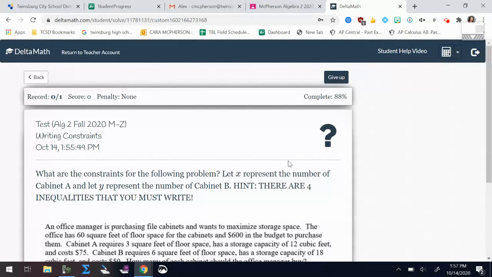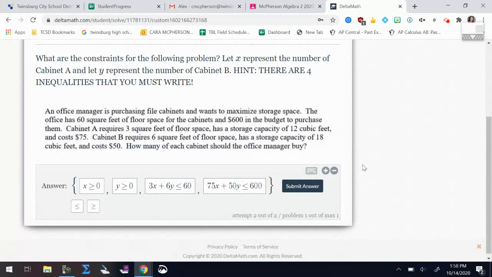Oh, and I typed something in wrong. What did I type in wrong? Budget of that, 600 in the budget. I just might have this typed in wrong. 3x plus 6y.